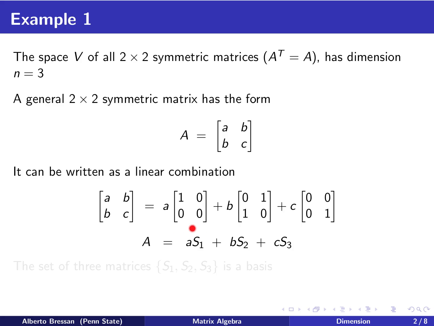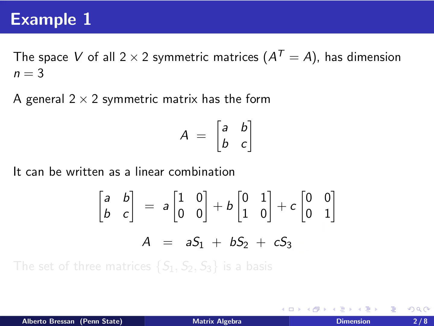And this is this matrix here. We call it S1. And then you can have A and C to be 0 and put B to be 1. And that's this matrix here. We call it S2. And finally, we can keep C to be 1 and the other to be 0. And that's this matrix. And we call it S3.